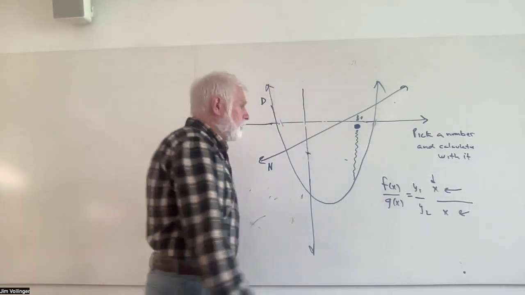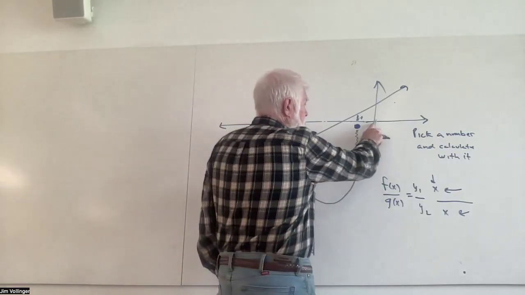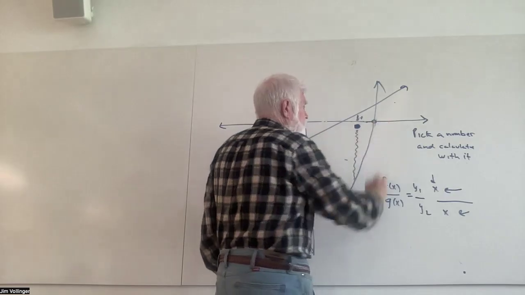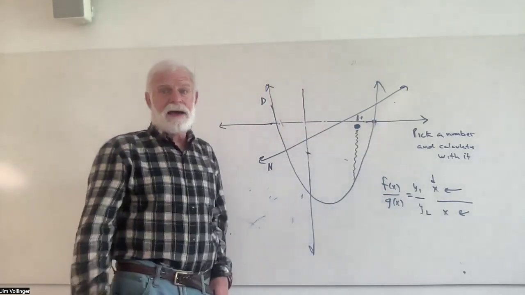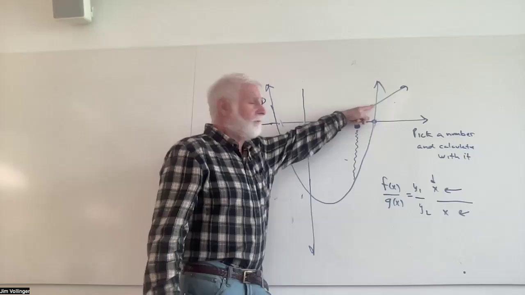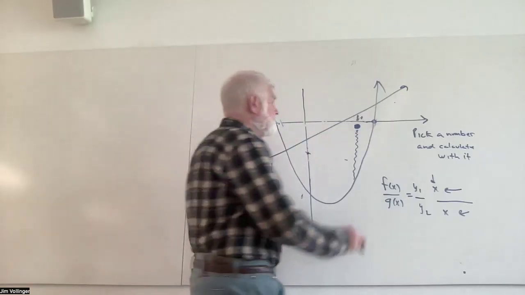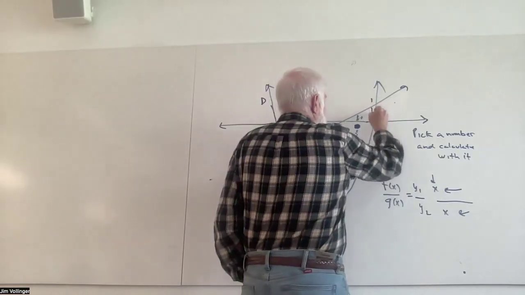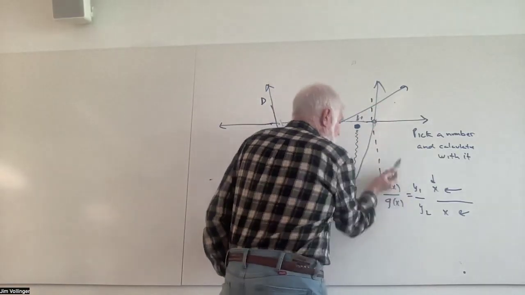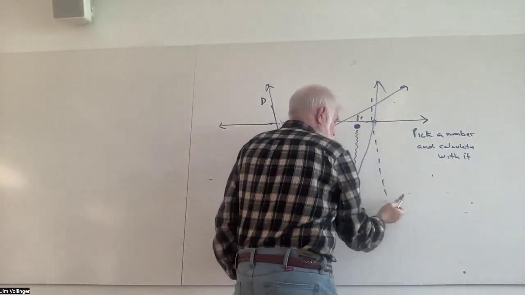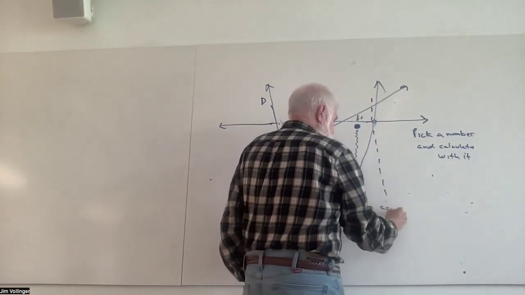Okay. I can immediately go to the denominator and say, well, what's that y value? That y value is 0. I don't care what y1 is. If I divide by 0, it's undefined. So I think I'm going to get one of these dotted lines, and I will call it some critical x value.